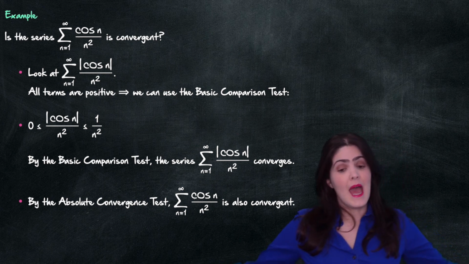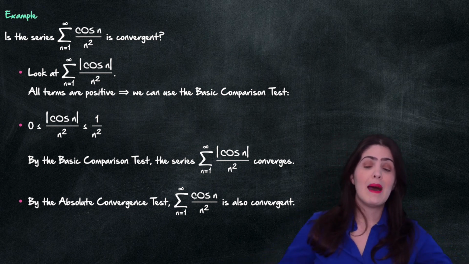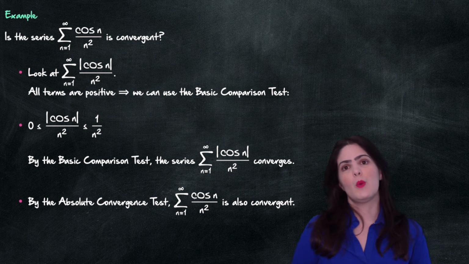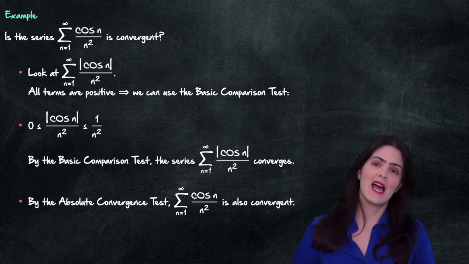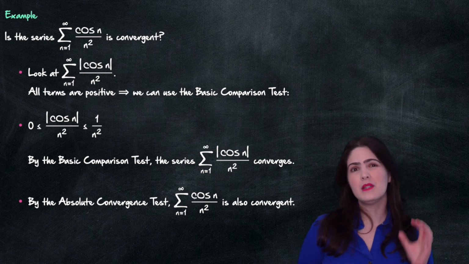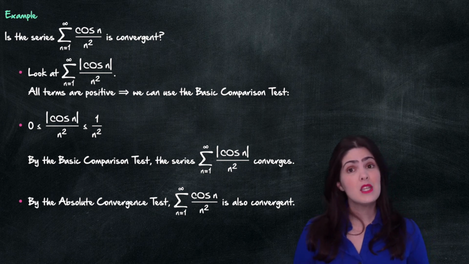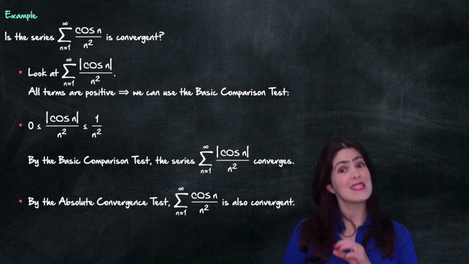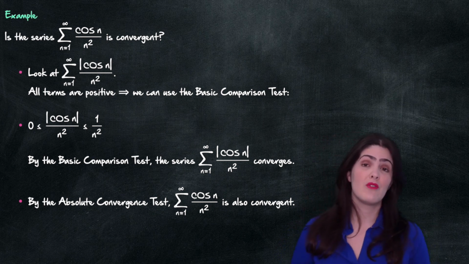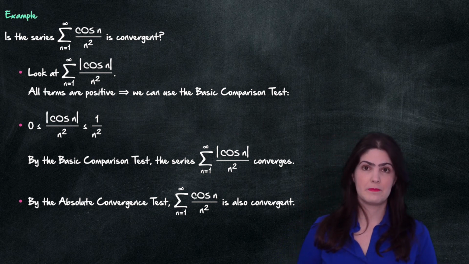So by the absolute convergence test, I know that my original series is also convergent. And that is how we use the absolute convergence test to show that a series is convergent by studying the series of the absolute value of its terms.